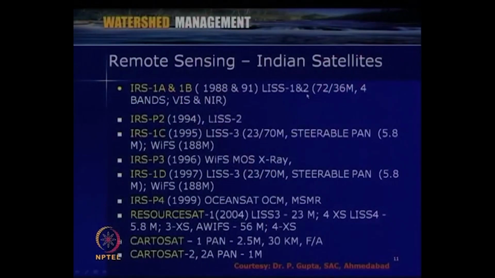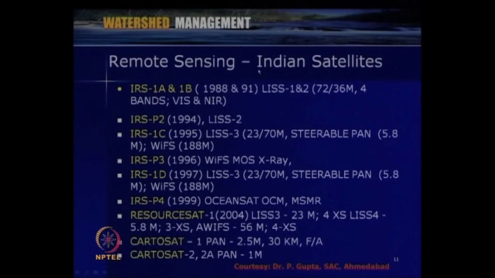Now let us look into the Indian remote sensing satellites. Here I have listed some of the important series of satellites put up by the Indian Space Research Organization, ISRO. The beginning was in 1988 with Indian Remote Sensing satellite 1A, then 1B was put in space, with resolution of 72 or 36 meter in 4 bands.